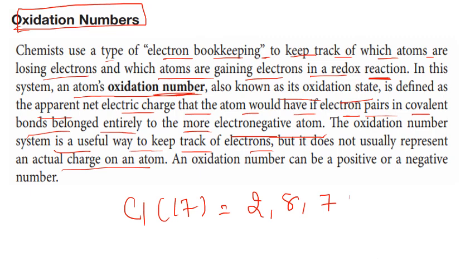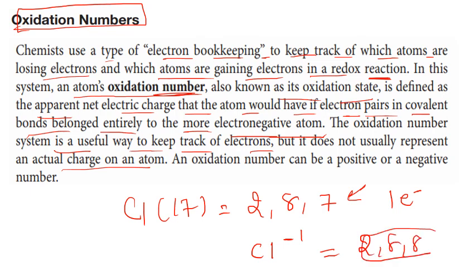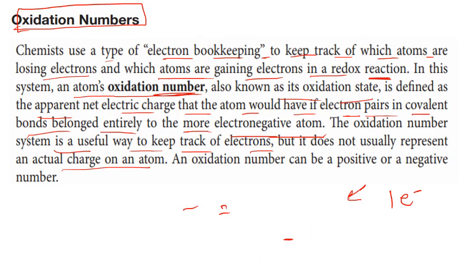To gain 1 electron is a better option for it. So it will go ahead and gain 1 electron. So chlorine will become Cl⁻ because the electron carries a negative charge, and when it gains that, it will become chlorine -1, and the electronic configuration would be 2, 8, 8. So the oxidation number for chlorine is -1. This is how you can find the oxidation number for different atoms, right?